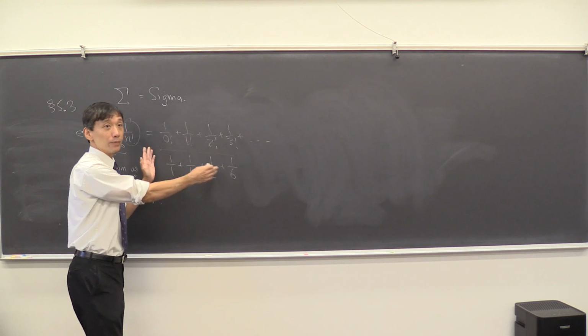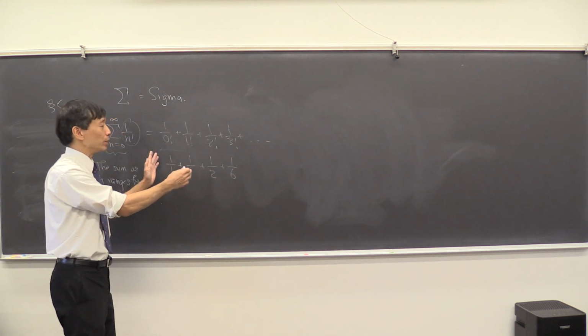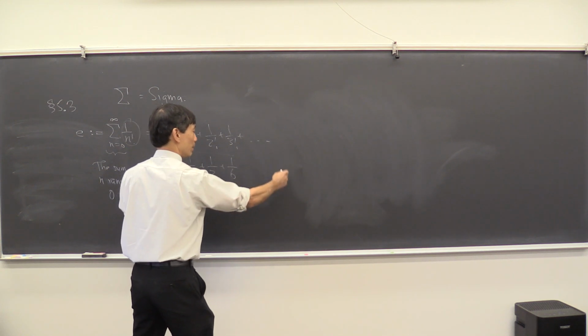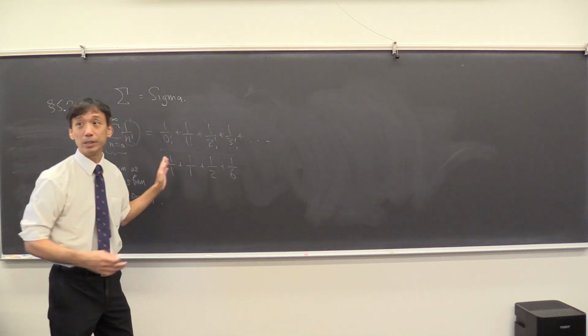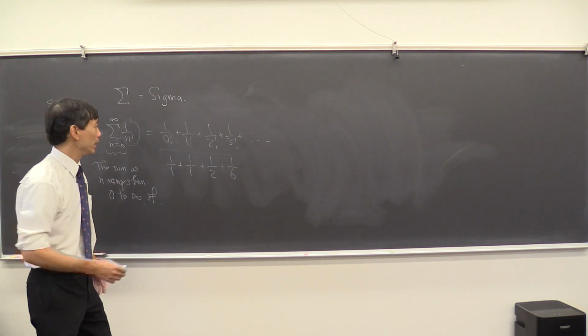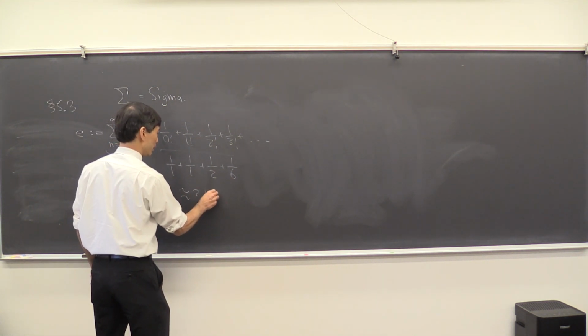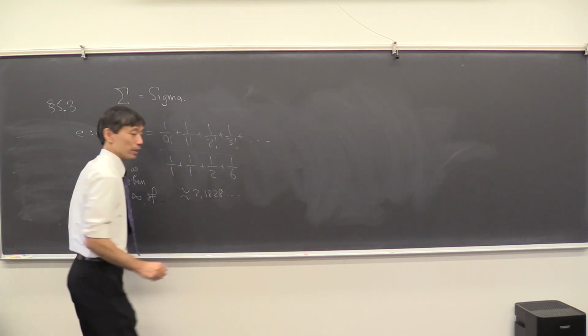You'd be able to sum these first few terms. And then you look at what happens as you keep on summing more and more terms and see what that tends to in the limit. And it tends to some number, 2.1828, et cetera, et cetera.